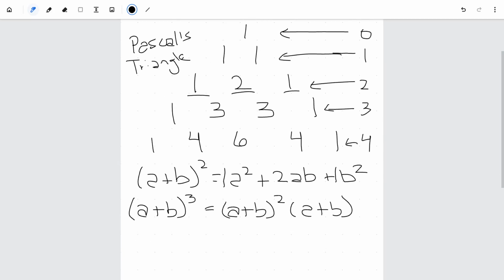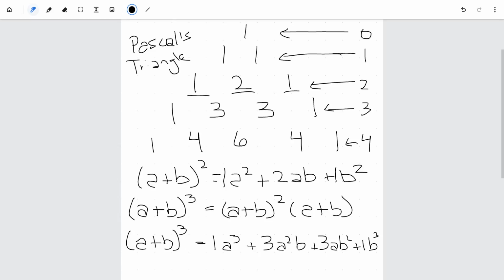An easier way to do it would be (a+b)^3 equals 1 times a^3 plus 3 times a^2 times b plus 3 times a times b^2 plus 1 times b^3. And we see where these coefficients come from.